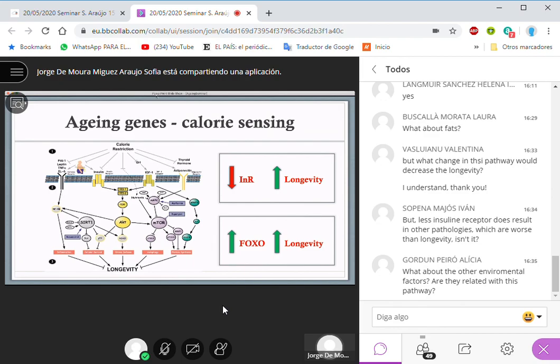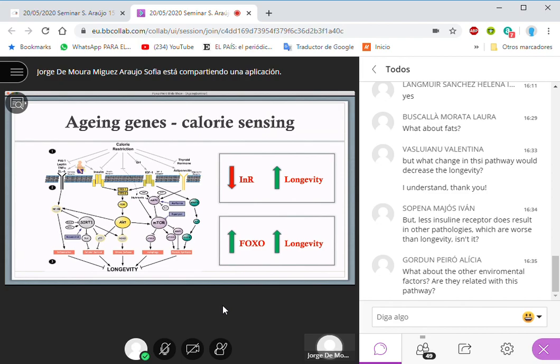So you have the two cases where it's actually very clear. You have a mutation in one gene, in the case of DNA repair, and these people age faster. And here you have mutations in one gene, and these people will age slower and increase their lifespan with one single mutation. Okay, so these are the mutations that we have in the worms.